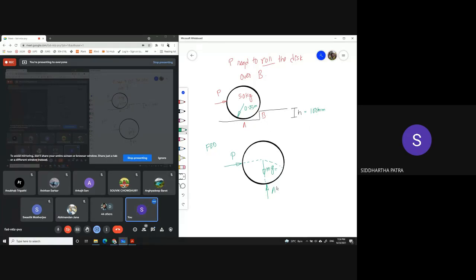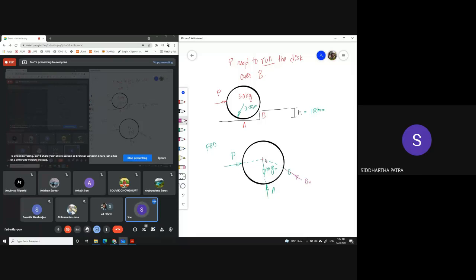So at B, you are not just going to be experiencing a normal force. A normal force would mean that it passes through the center, which basically means it is going to be radial.